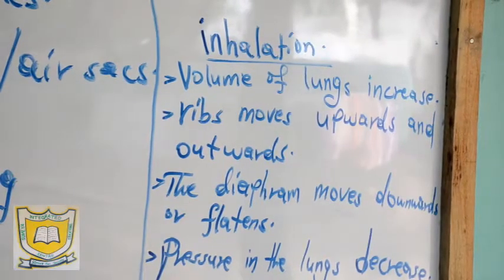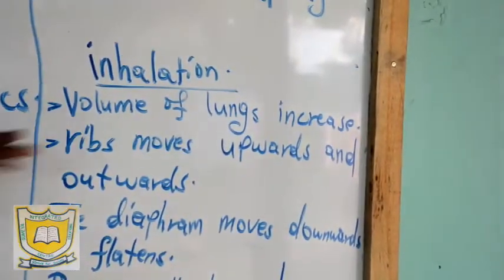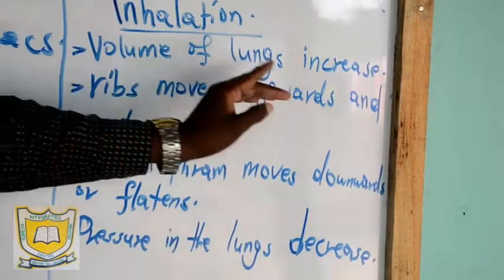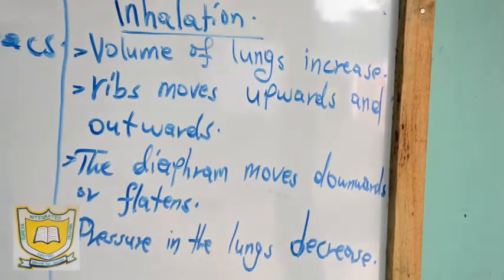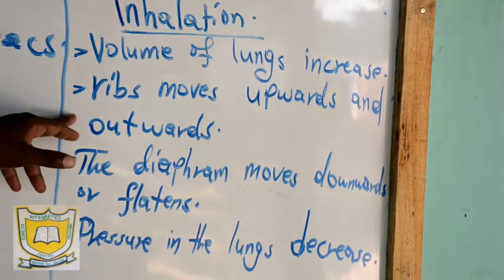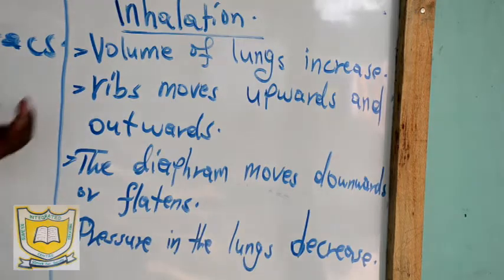Now, if you are asked what happens when you breathe in, that is inhalation, one, the volume of the lungs increases because you have breathed in a lot of air. That air that enters the lungs needs more space, so the volume of the lungs increases. Number two, when you breathe in, the ribs or the rib cage move upwards and outwards.